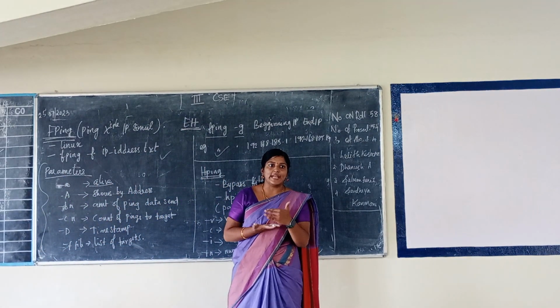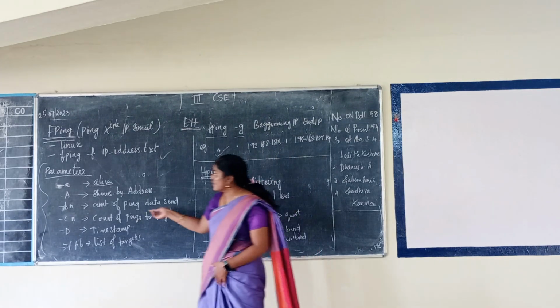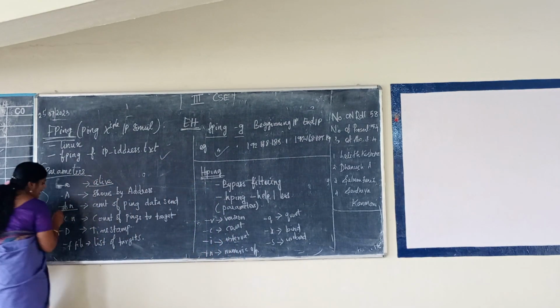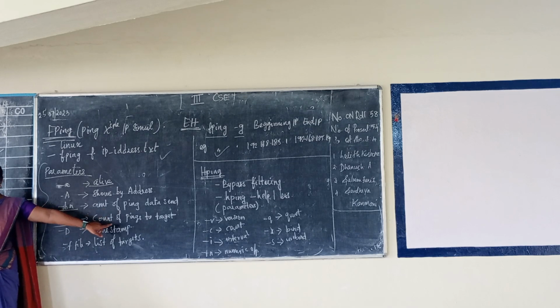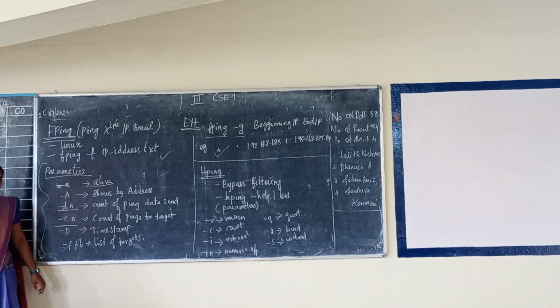How much ping data we are going to send at that particular time will be specified using the parameter. -c means count of pings: how many pings you are sending to a particular target.